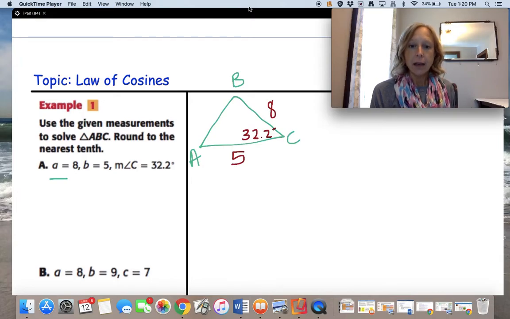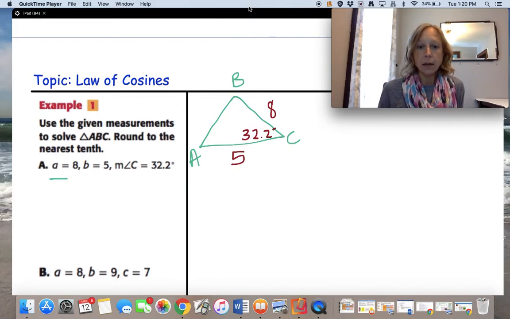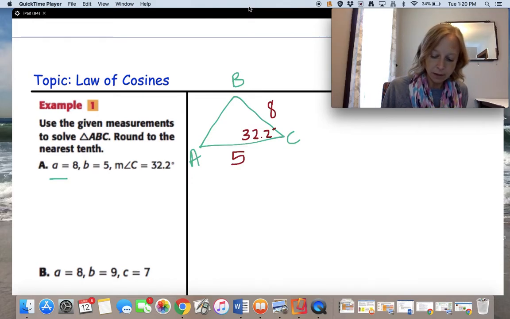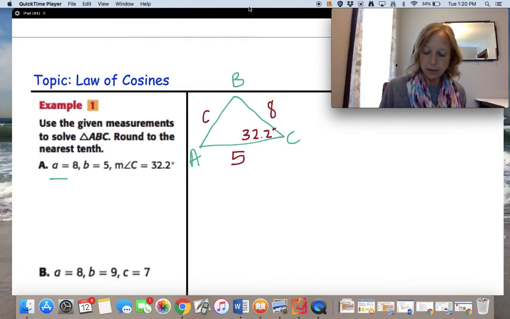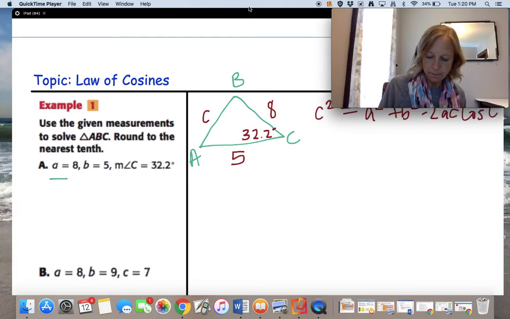We're given side angle side information. So to me, it would make sense for us to find this side length c first, because then we can just use that formula, c squared equals a squared plus b squared minus 2ab cosine of C. And if we look through this, we know our side length a is 8.